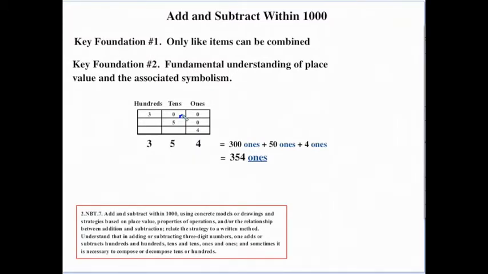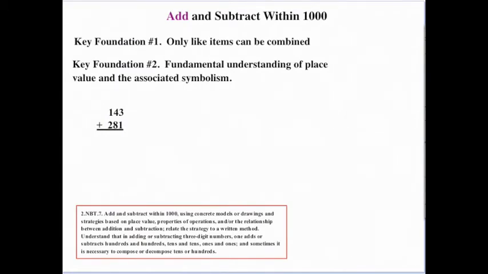But the typical interpretation for a number like 354 would be that it is 300 ones plus 50 ones plus 4 more ones for a total of 354 ones, which ties back to the idea stressed in the standard of combining only hundreds with hundreds, tens with tens, and ones with ones.